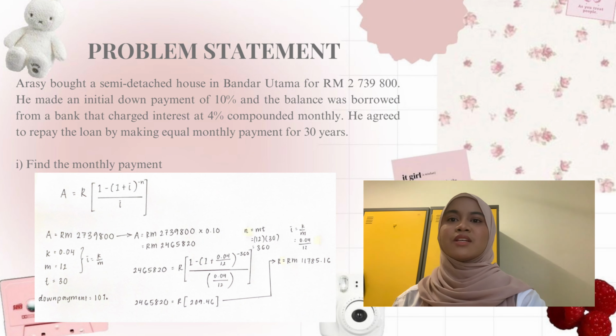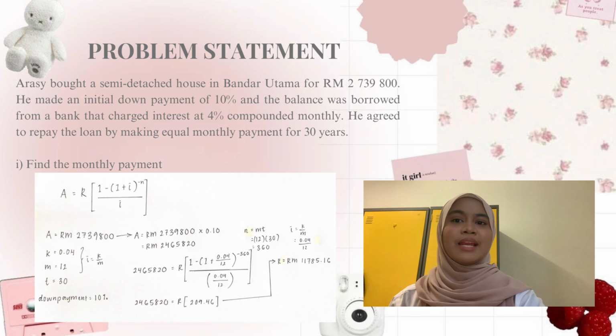We'll have to make. So if we substitute this information into this formula right here, we will get this. So this is A, and R is what we are trying to find, which is the monthly payment. And if we substitute this, we will get this when we press all the correct amounts in our calculator. In order to get R, we have to move this amount to the left side. Why? Because we have to let R stand alone.